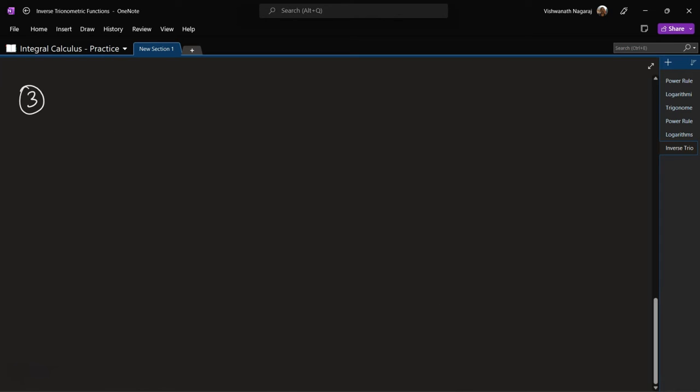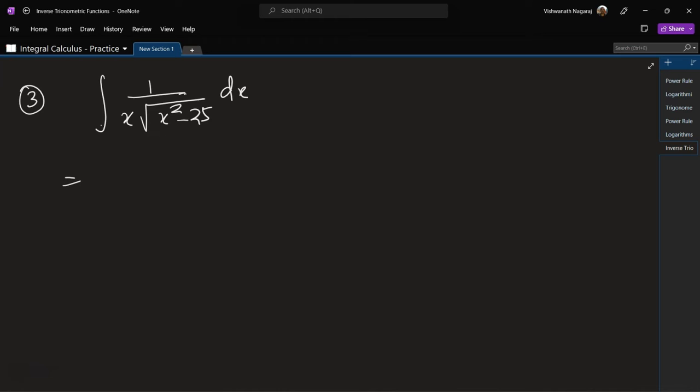Let's look at the third one. We have integral of 1 by x square root of x square minus 25 dx. Okay. Now this one we know it is very close to sec inverse, but here it should be 1. So let's try to bring it to 1.